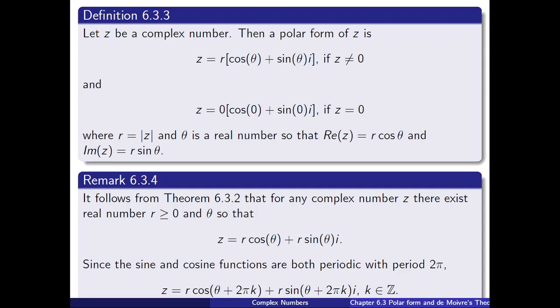So let z be a complex number, then the polar form of z is z = r(cos theta + i sine theta) if z is not equal to 0, and z = 0(cos theta + i sine theta) if z is equal to 0, where r in this case represents the modulus of z, and theta is a real number such that the real part is equal to r cos theta and the imaginary part is equal to r sine theta.